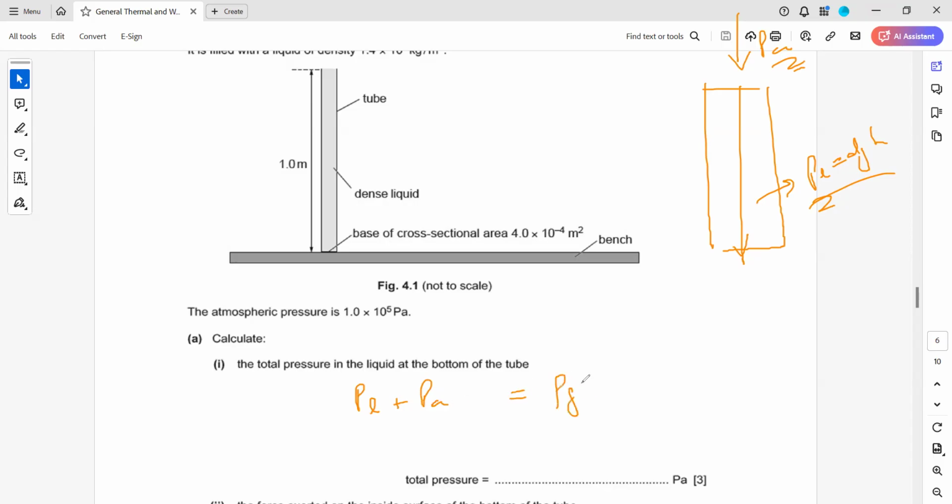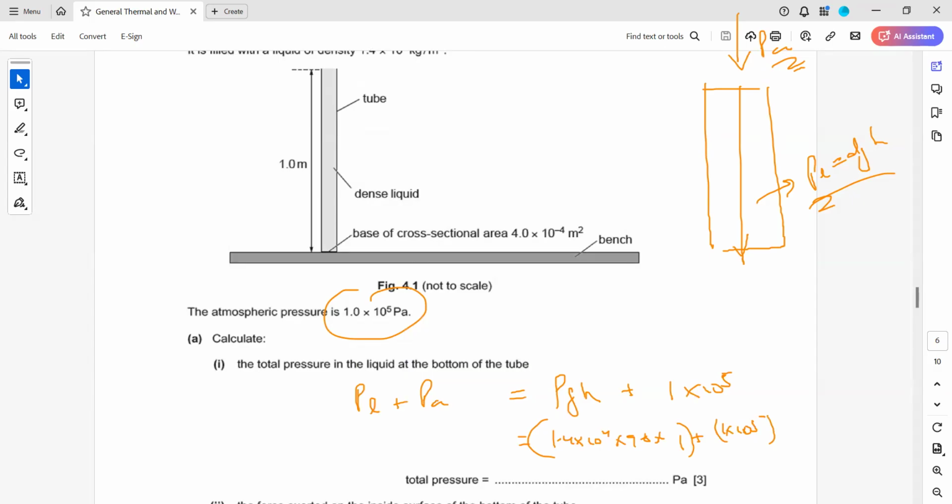So the pressure of a liquid is density, gravity, and depth, and the pressure of the atmosphere is already given to us, which is 1 × 10^5 pascals. The density is given in the question, 1.4 × 10^4. The gravity is 9.8. The depth is 1 meter, plus 1 × 10^5.